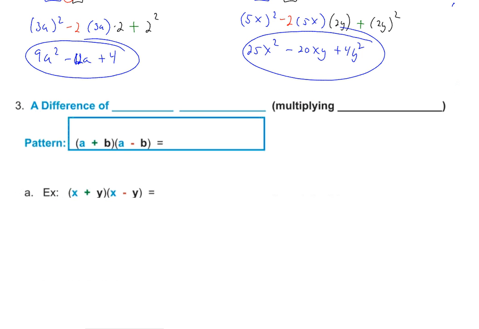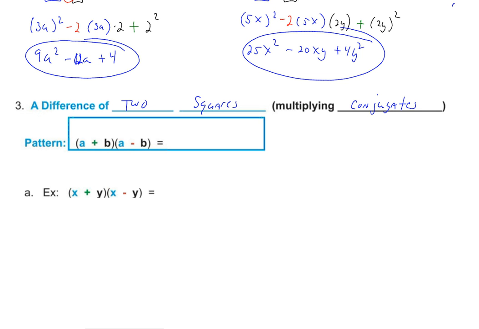Okay, so 3 is a difference of 2 squares. It's the other way. And this is multiplying, and I'll introduce a term to you guys: conjugates. All right, we're not doing English. We're not conjugating verbs. A conjugate is the binomial of another binomial with the different sign in the middle.